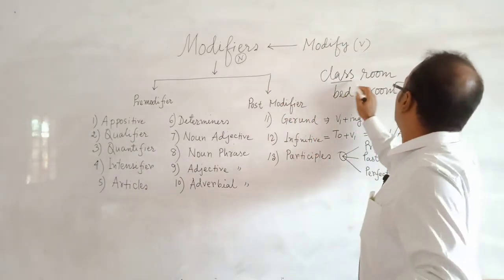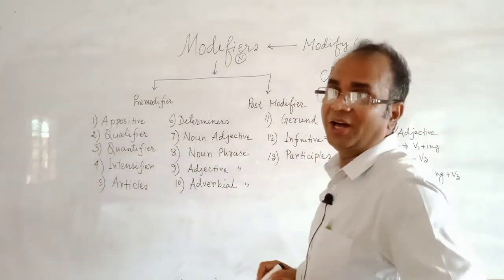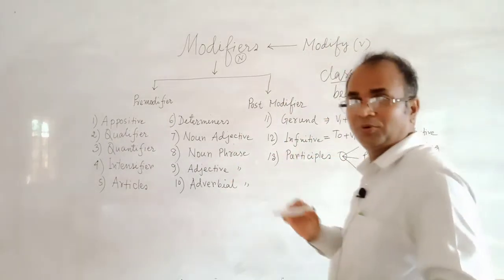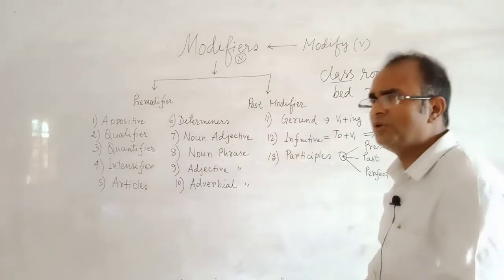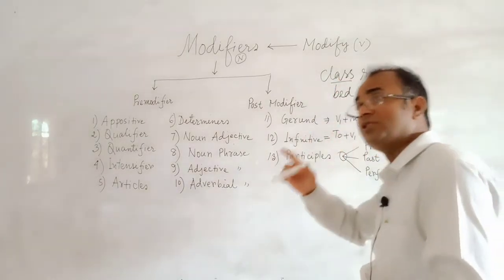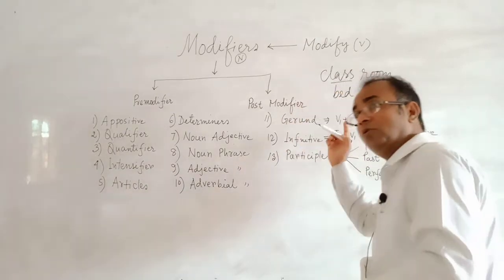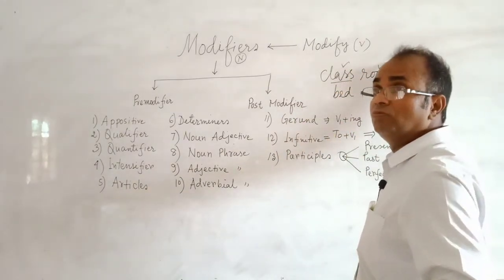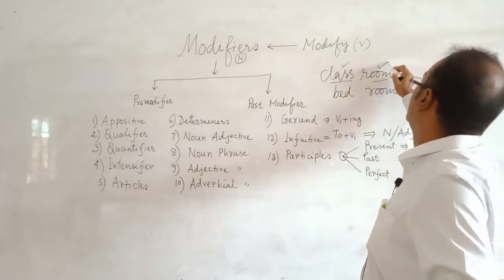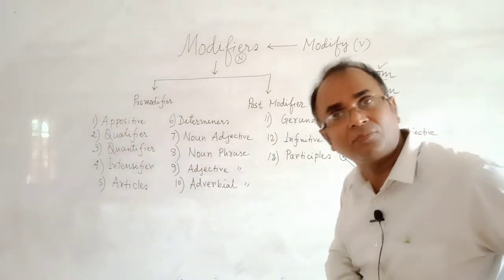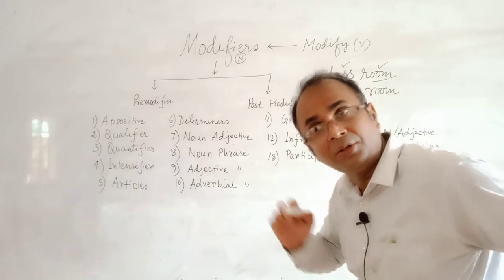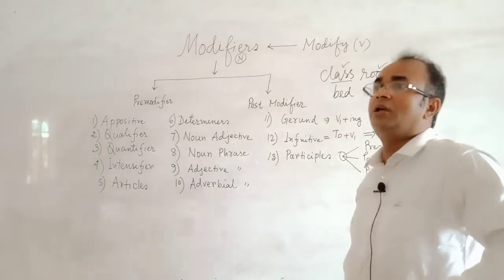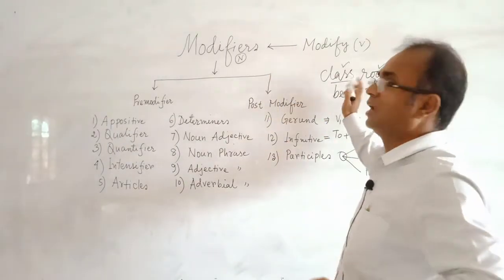But class is a noun, room is also a noun. But which type of room? Classroom. Which type of room? Dining room. Class modifies the room. That is why class is an adjective here. But this word comes from a noun. That is why it is named noun adjective.